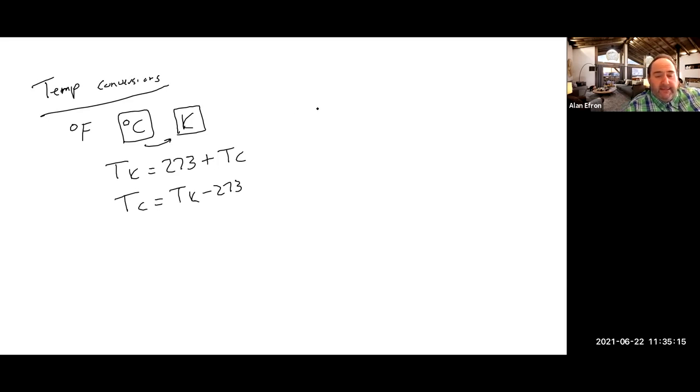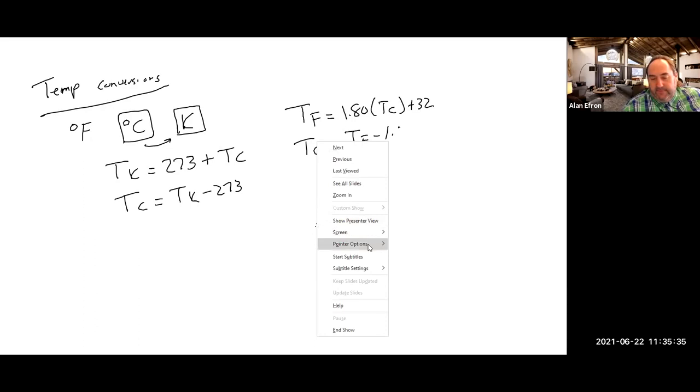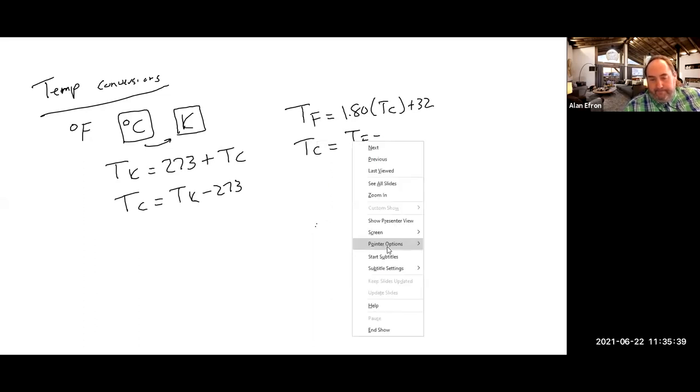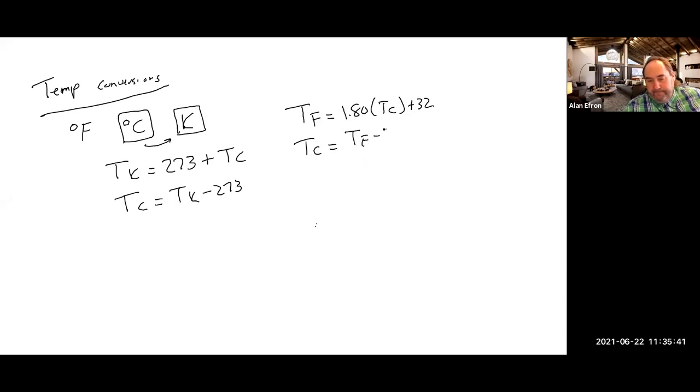Fahrenheit and Celsius: temperature in Fahrenheit equals 1.8 times the temperature in Celsius plus 32. And that means that the temperature in Celsius would equal the temperature in Fahrenheit minus 32, divided by 1.8.